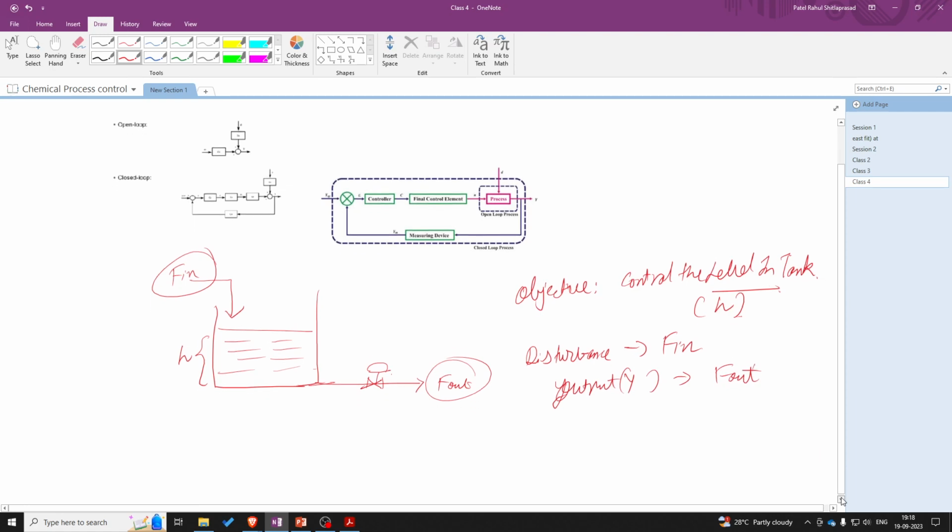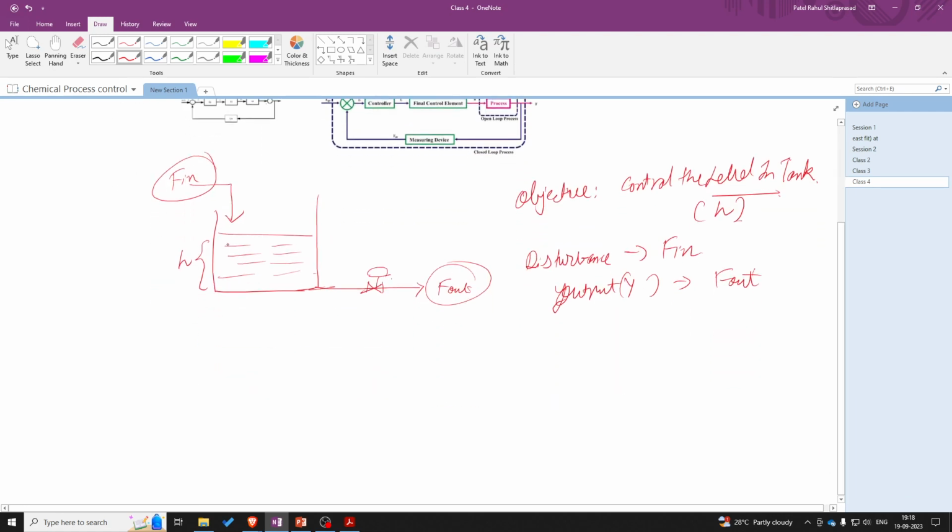Now, in order to control the level of the tank, we need to measure this level. We can use a level indicator or level transmitter. So this becomes our measuring device. There can be different kinds of measuring devices to measure the level.